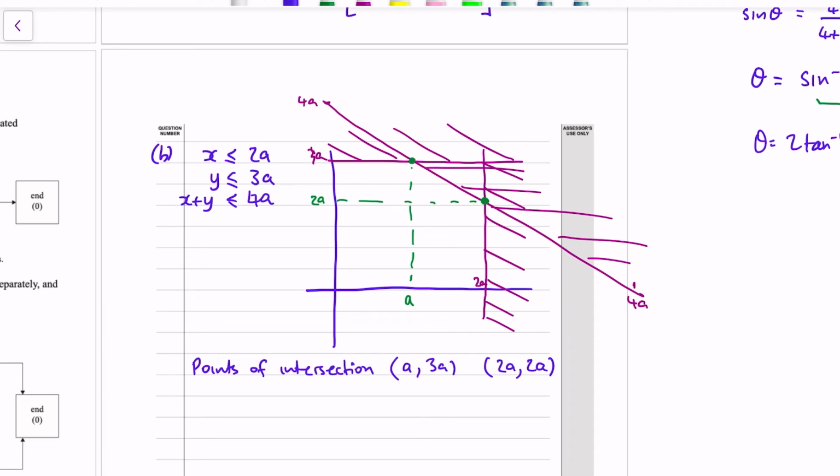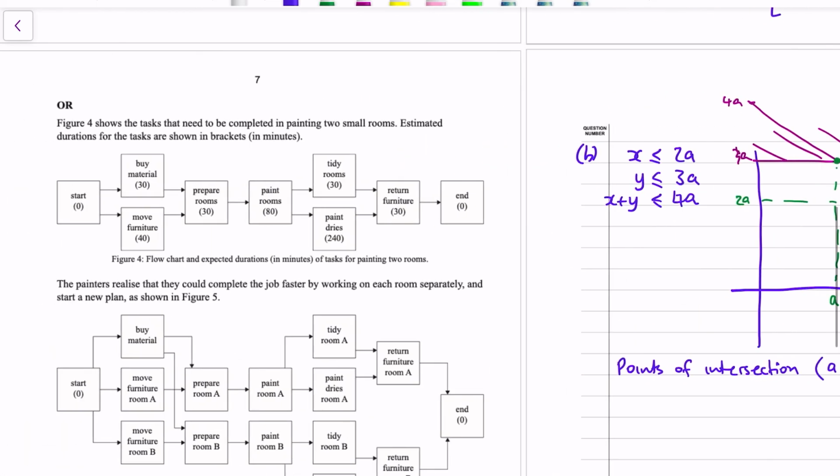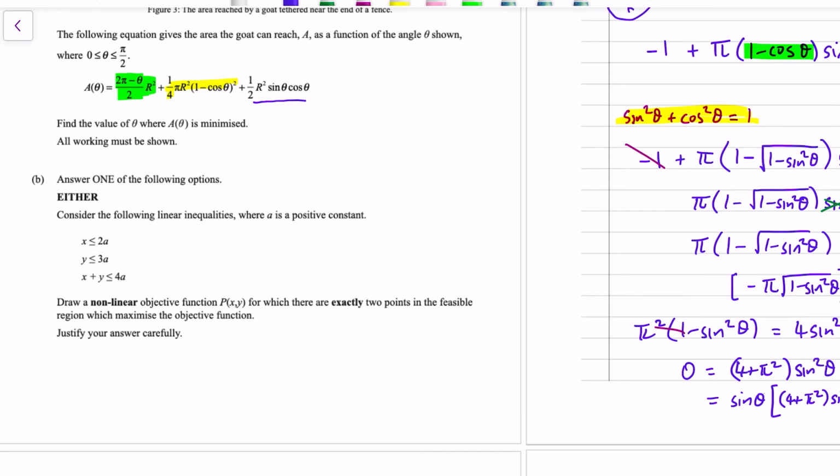Now, if we're trying to optimize something, we're asked to graph an objective function. The coordinates that optimize it are usually the furthest away in the feasible region, and we're asked, in the question, to draw a nonlinear objective function for which there are exactly 2 points in the feasible region which maximize the objective function.